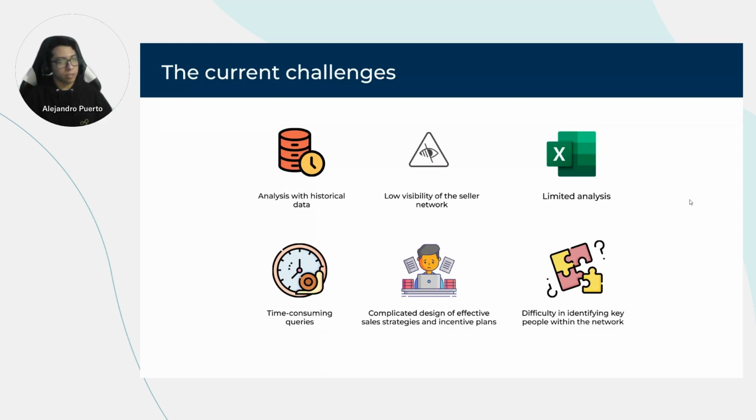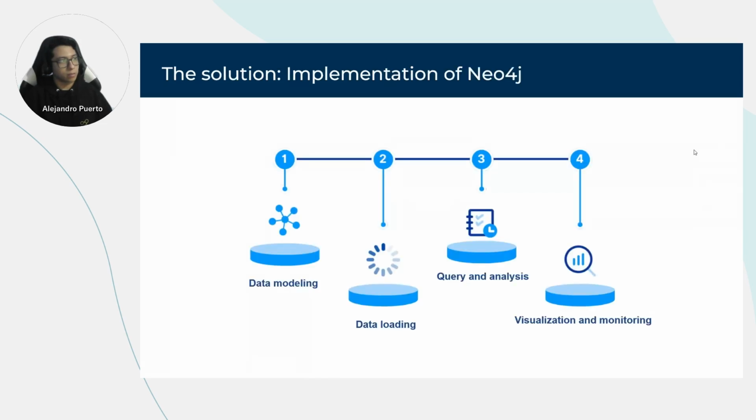And without Neo4j, it was very difficult. So what was the solution? The solution was the implementation of Neo4j. So how to implement Neo4j in this process? First, the data modeling is the first step to apply in Neo4j.